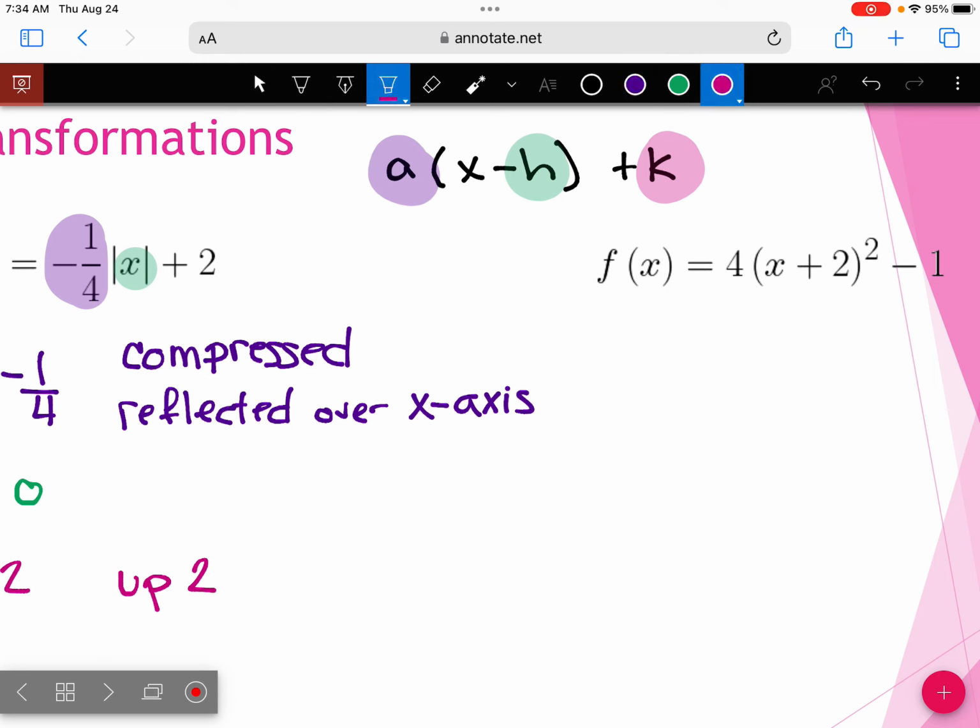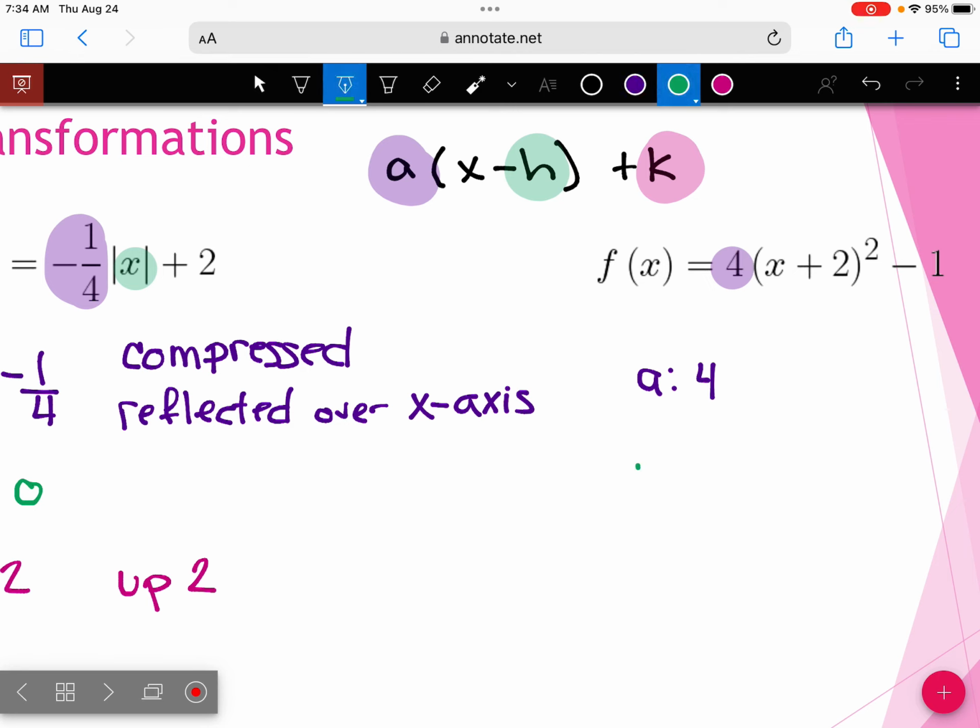All right, let's do this last one over here. What is our a value? We got 4 times the quantity x plus 2 squared minus 1. What's my a? 4.